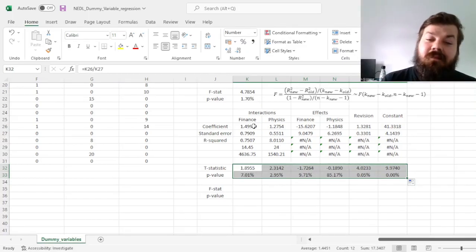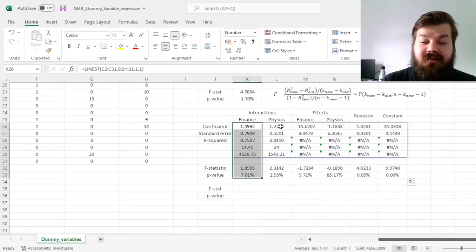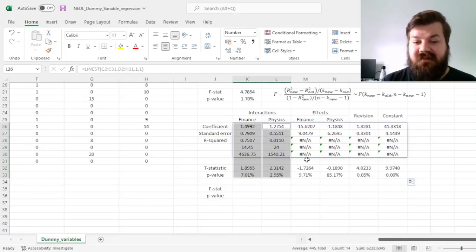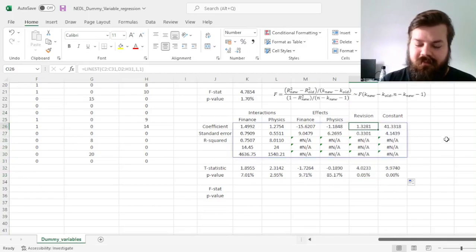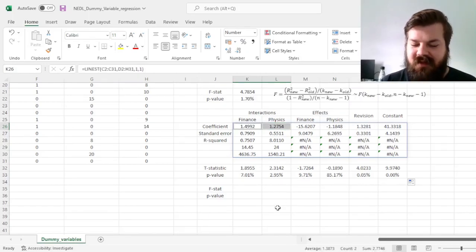First of all, both finance students and physics students seem to spend their revision hours way more productively, with the reference coefficient for revision equal to 1.33, meaning that each economics student gets 1.33 marks more per hour spent revising, whereas the differential effects on revision effect for finance and physics students are quite a bit higher.